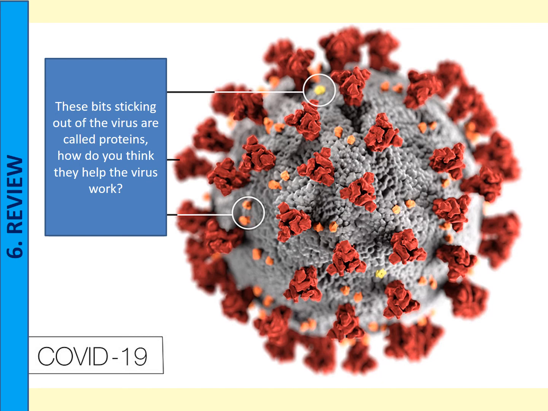Now they're called proteins. They're obviously much smaller than the virus itself, and they help the virus work. But what I'm interested to see if you can work out is just looking at this picture. What do you think those little sticks do? How do you think they're going to help the virus to work?